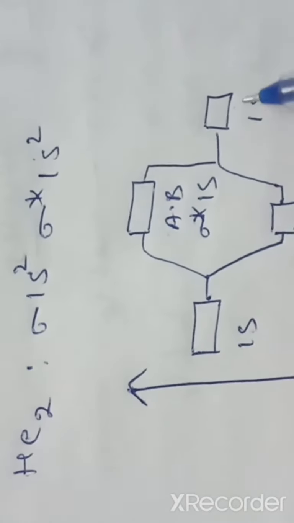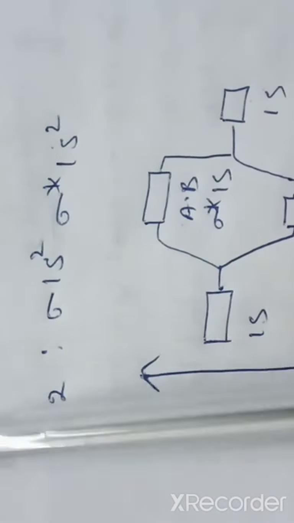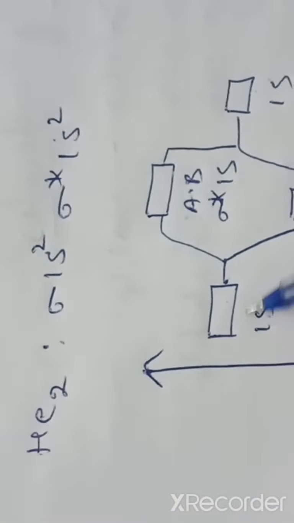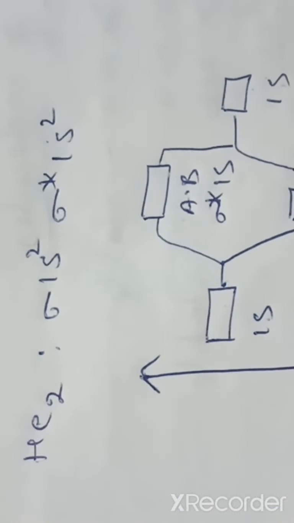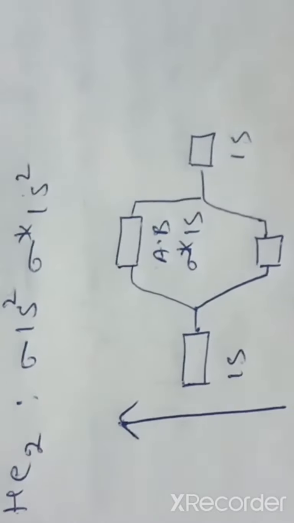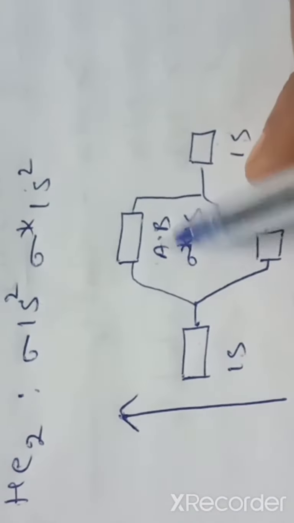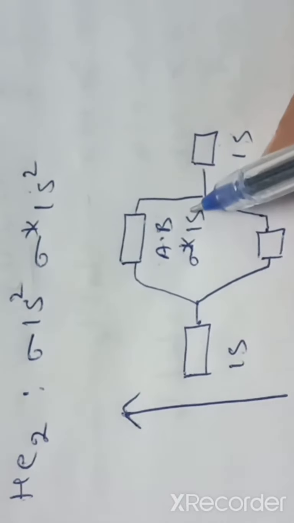This is the 1s orbital, this is also a 1s orbital. Why? Because one helium atom contains a 1s orbital here and another helium atom contains another 1s orbital here. And here bonding means sigma 1s orbital, and in anti-bonding, sigma star 1s orbital.